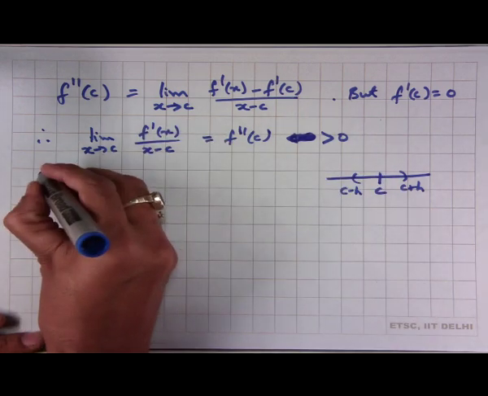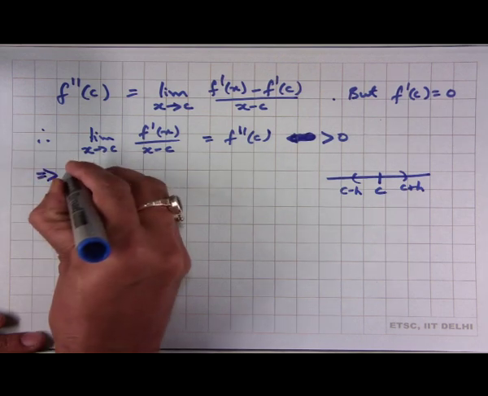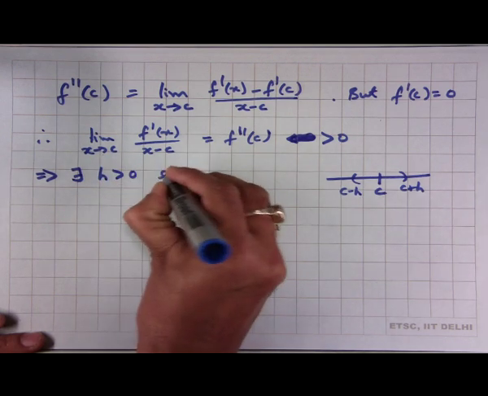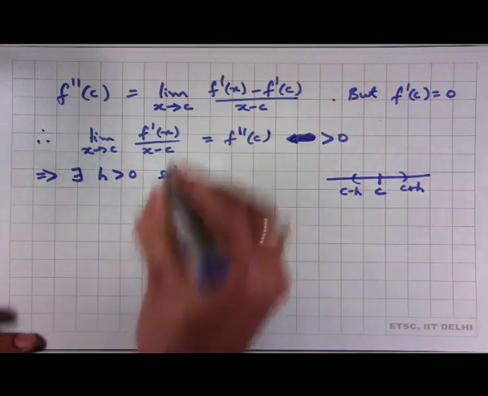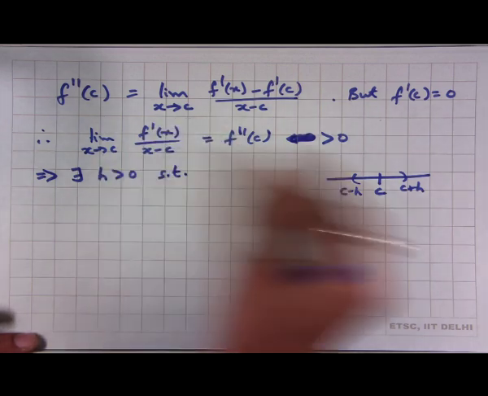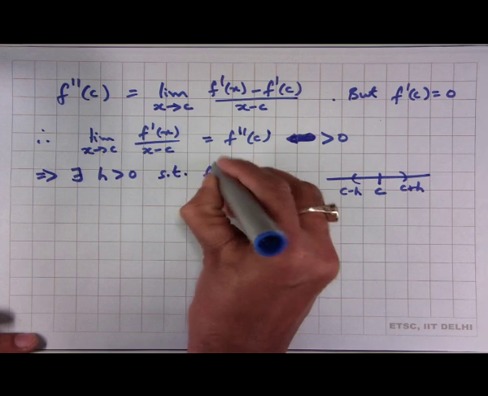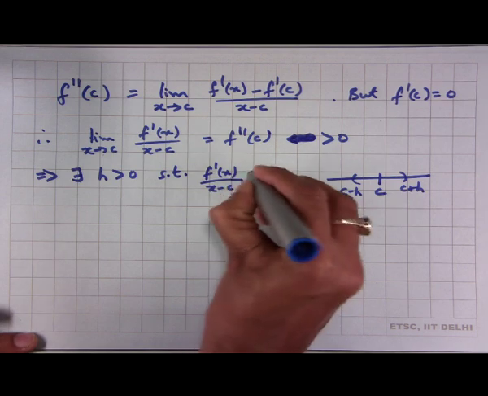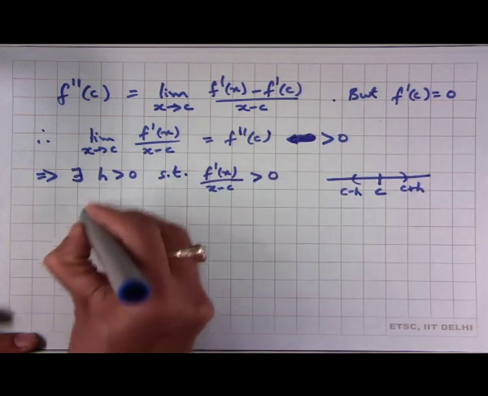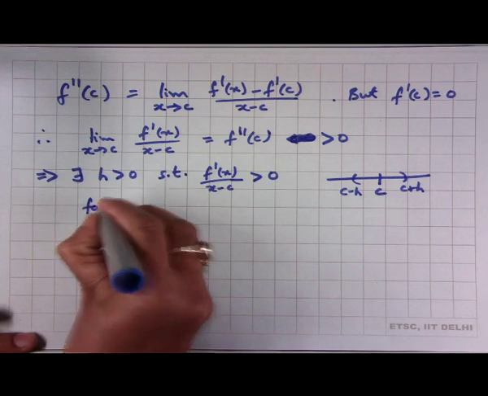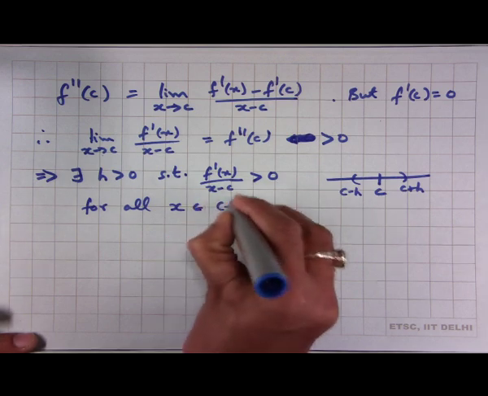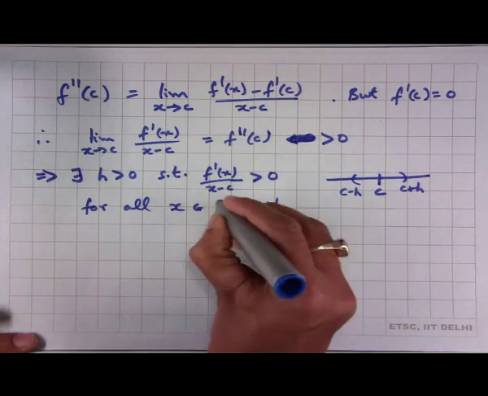So, this implies there exists h positive such that this function whose limit is positive, f prime x by x minus c, must be positive for all x belonging to (c minus h, c plus h).